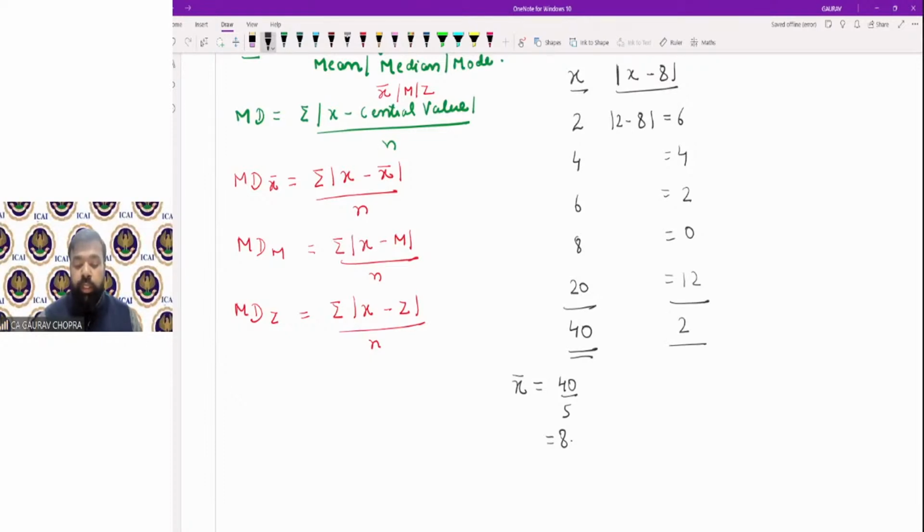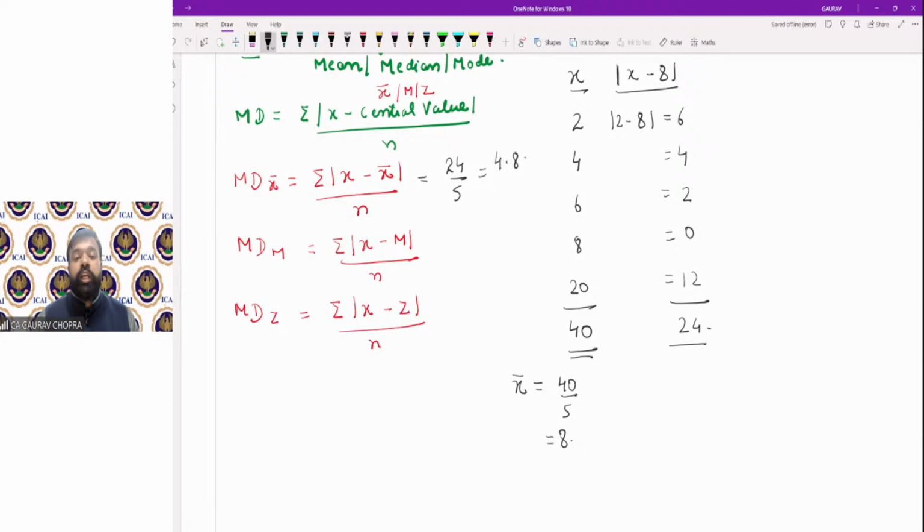Now the total is 24. Now as per the formula, let's substitute the value. 24 divided by n. n is 5. So the result will be 4.8. So this 4.8 is your mean deviation from mean.